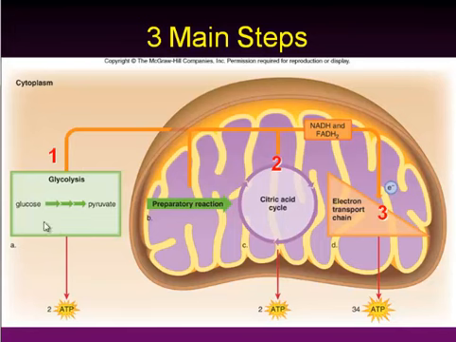But the products that come from this then get passed into the mitochondrion. That's what this big structure right here is. It's a mitochondrion. So the products that come from glycolysis then get pumped into the mitochondrion, where they then go through two more processes. The first process, or in this case, the second process, is called the citric acid cycle.